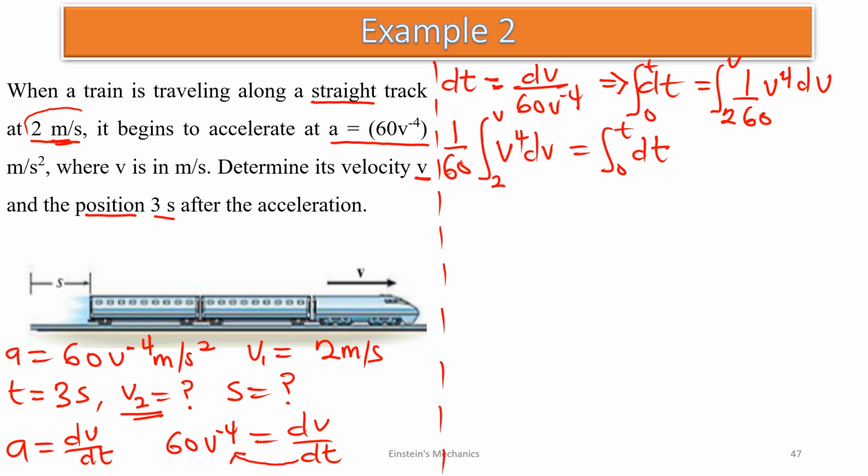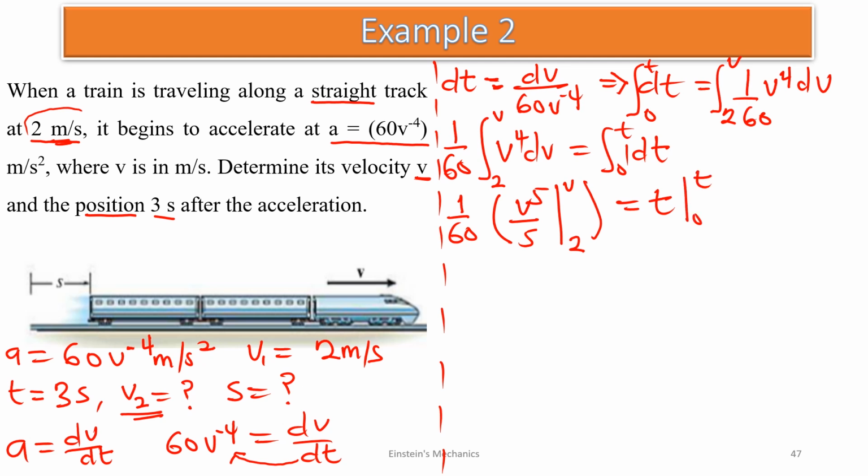So this is still going to be 1 on 60. If I integrate this, this is going to be v^5 on 5. Now the limit is going to be from 2 to v, equal to, this is just like integrating a constant, which is 1 dt. So that is also going to be t, from the definite integral 0 to t this way.